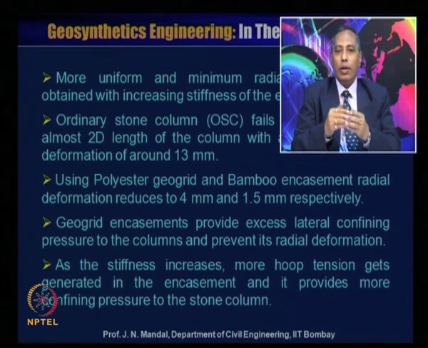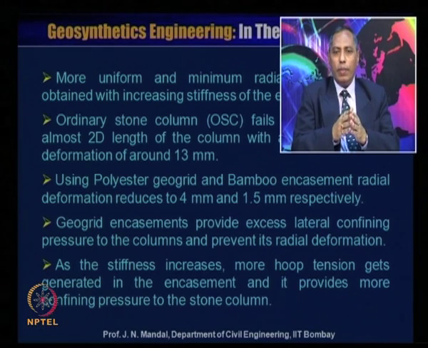So, compared to the ordinary stone column where deformation is 13 millimeter, in case of the polyester geogrid it is 4 millimeter, and in case of the bamboo geogrid it is only 1.5 millimeter. You can observe how the radial deformation is drastically reduced by the inclusion of polyester or bamboo as geogrid reinforcement material. Of course, it depends upon the stiffness of the material.